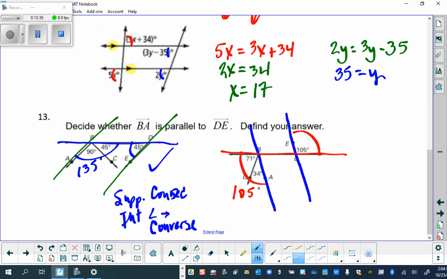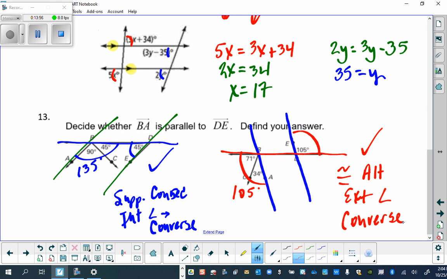So are the lines parallel? Yes, because I have congruent alternate exterior angles, which tells me that I can use my alternate exterior angles converse.